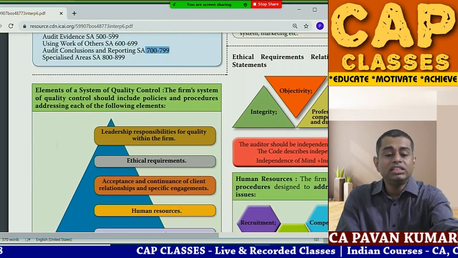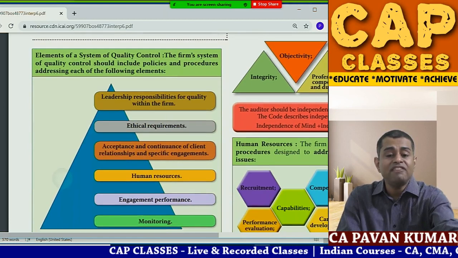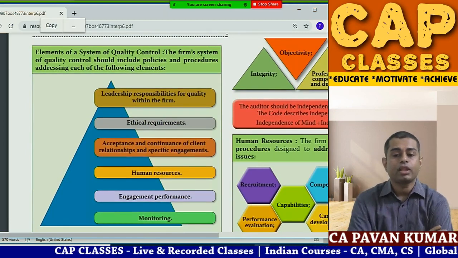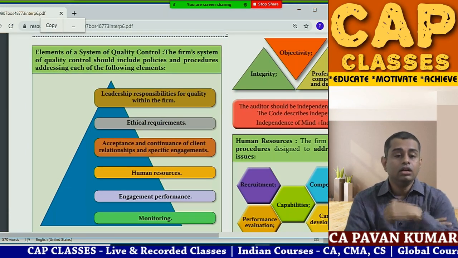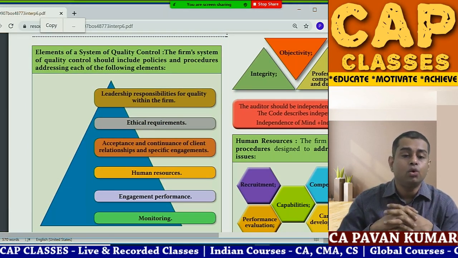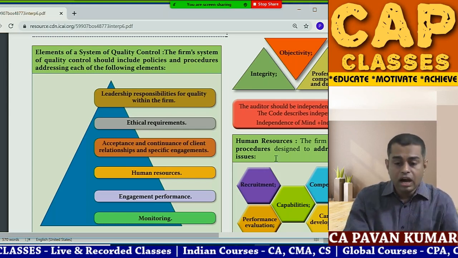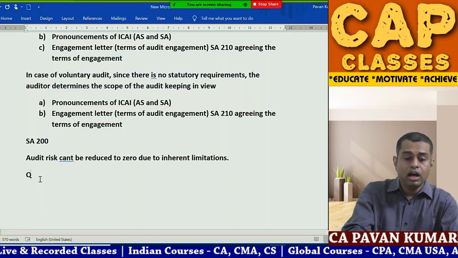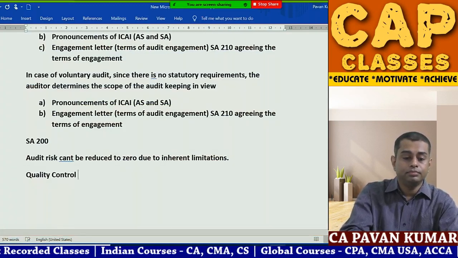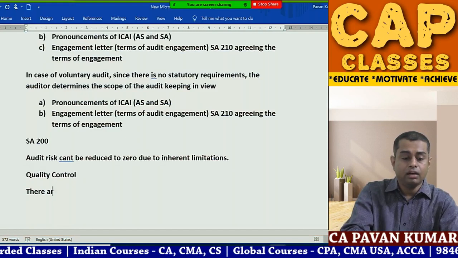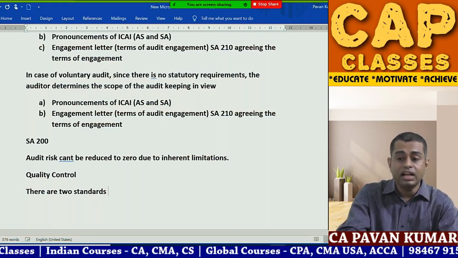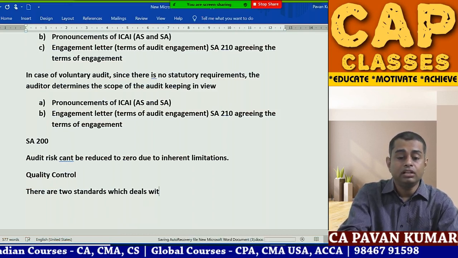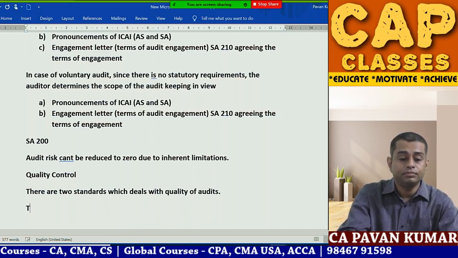Now this is our SQC 1, the most important area. Read the elements of a system of quality control. Under that, write down quality control. There are 2 standards which deal with quality of audits.